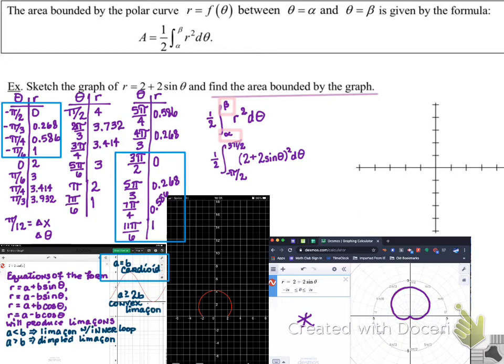It won't always be this straightforward. So that's how you graph it. Then you're just going to pop that little stinker into your calculator and integrate it. I'd like you to notice that the graph on the actual paper is not scaled the same as the graph on Desmos.